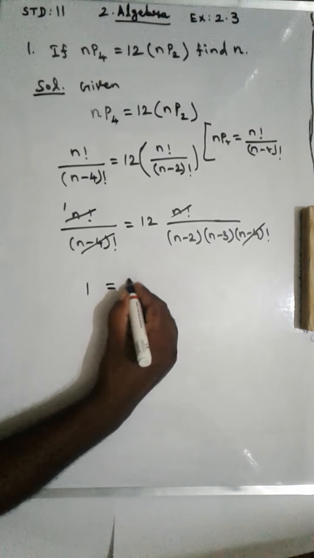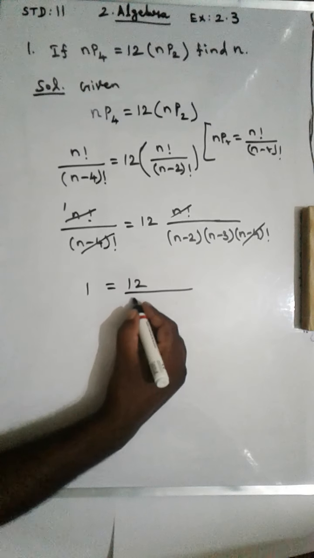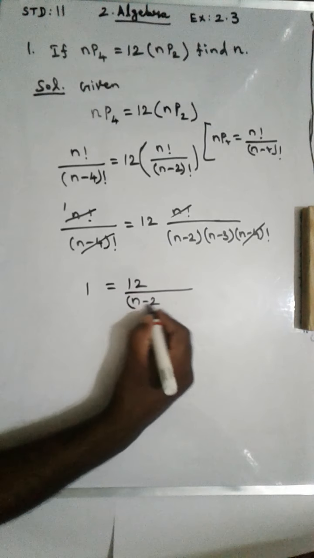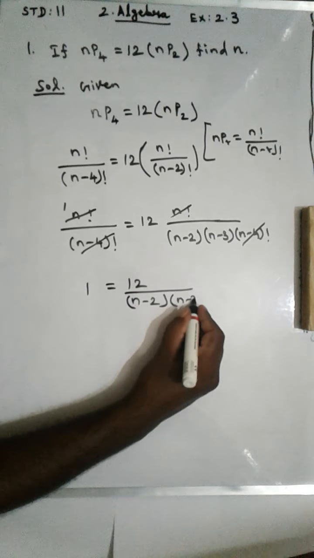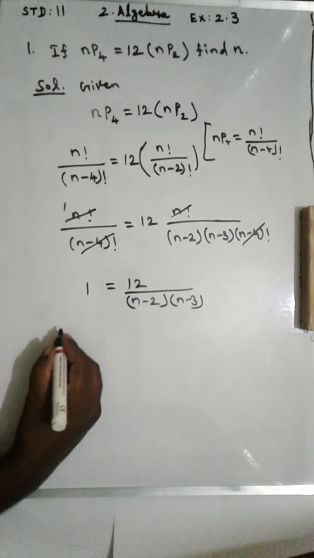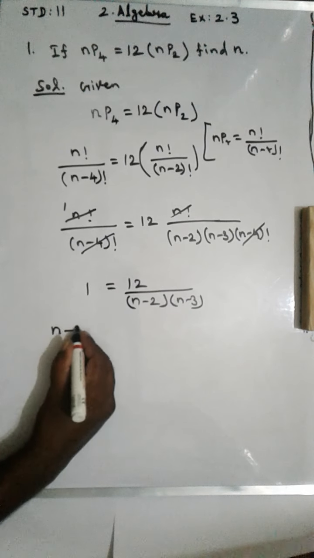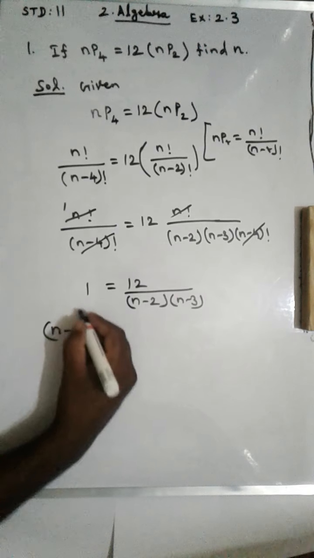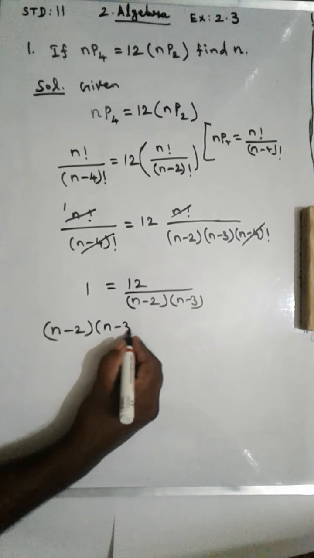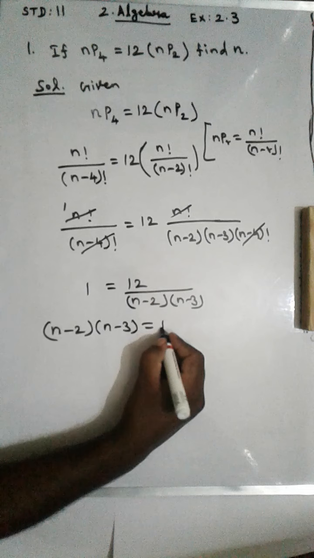So 1 equals 12 divided by (n minus 2) into (n minus 3). Now cross multiply: (n minus 2) into (n minus 3) equals 12.